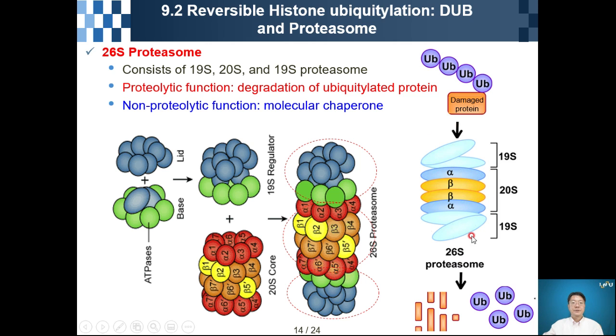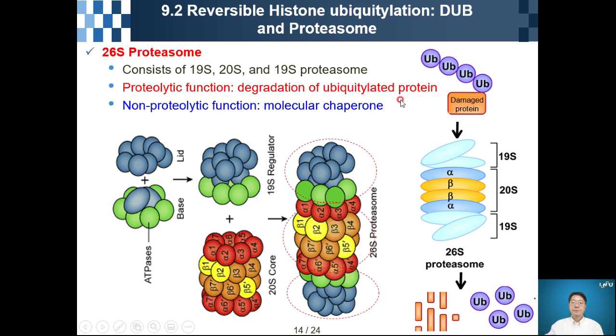The 20S proteasome has a proteolytic function, which is the degradation of ubiquitylated proteins.